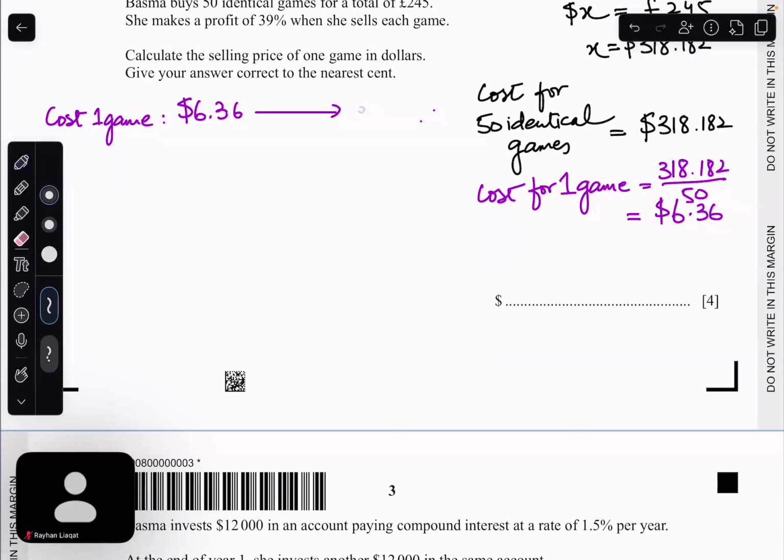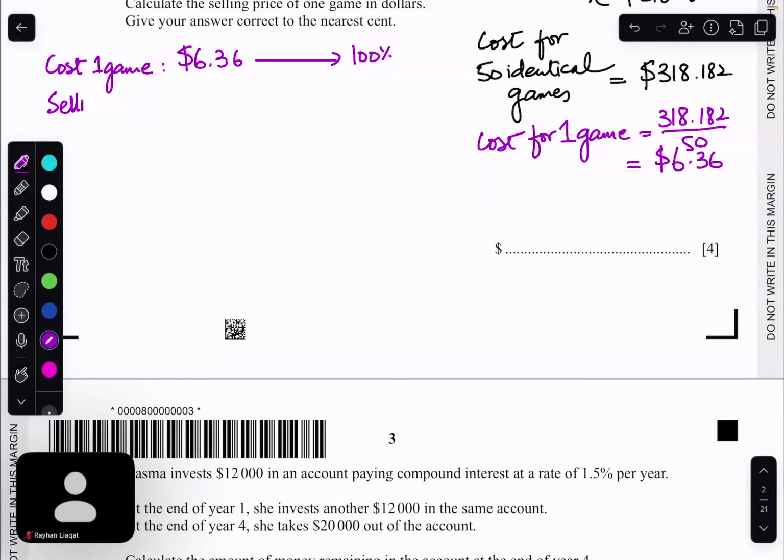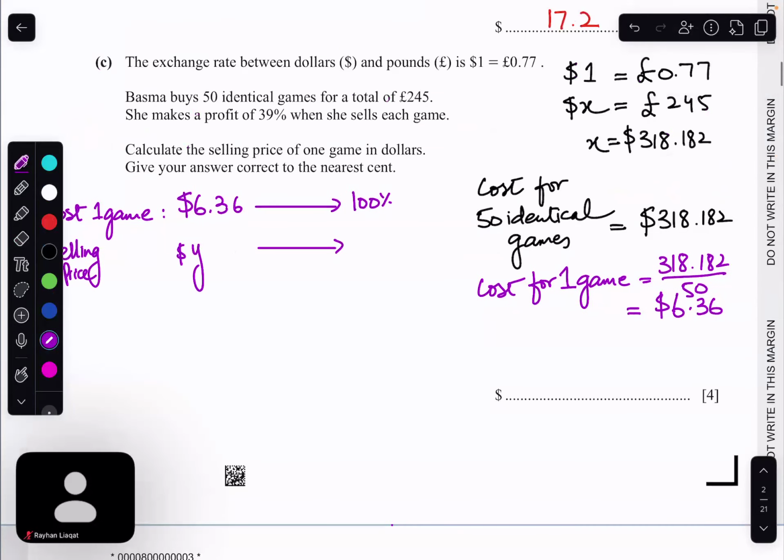Okay, and we have the selling price for one game. For one game, let's say Y. That should be representing how much percentage? That is a 39% increase, right? Profit.